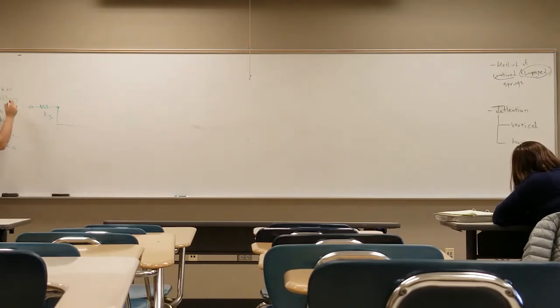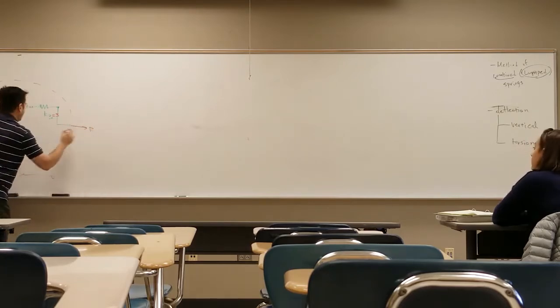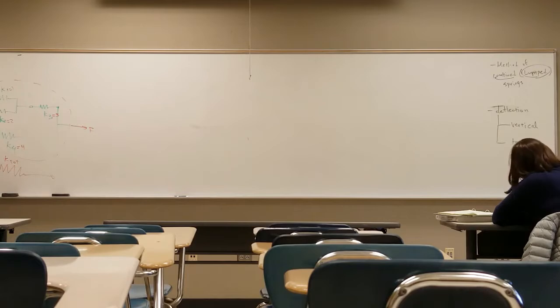Let's say this is 1, 2, not 1, 2, 3, 4. Now you want to replace this entire thing with the one equal K total spring that, when you apply force F here at the end, is going to behave exactly the same.